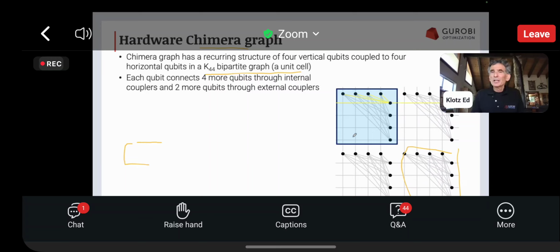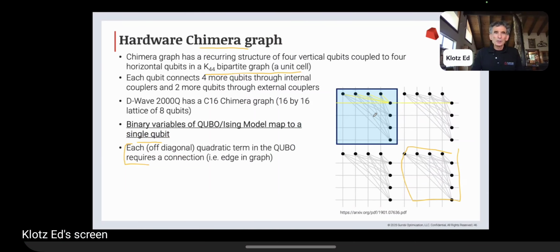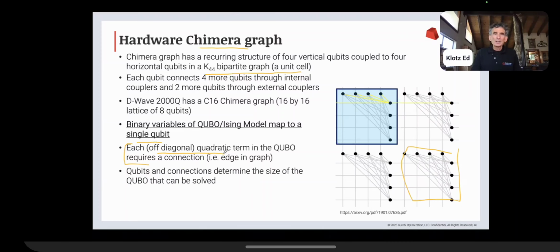We can't just immediately embed even relatively small portions of the Q matrix into this graph. So again, the key points are binaries mapped to a single qubit, and each off-diagonal quadratic term requires a connection or an edge in the graph.